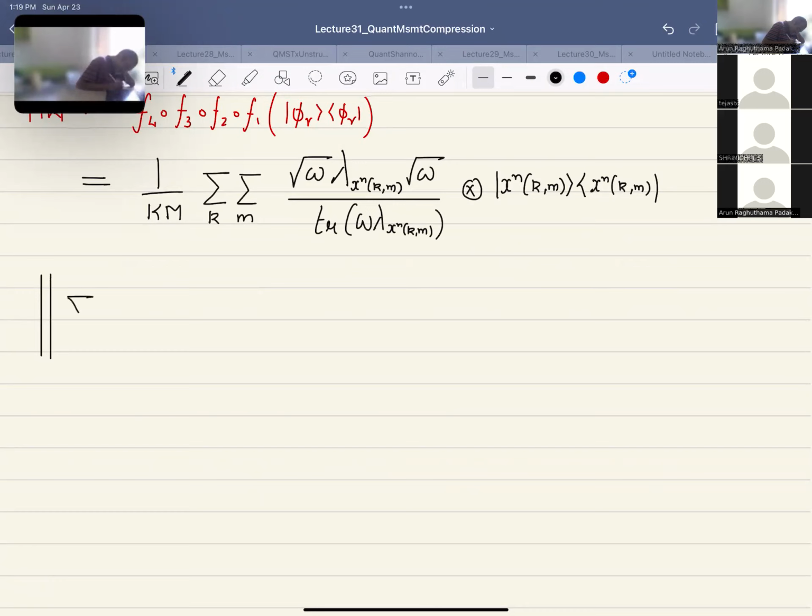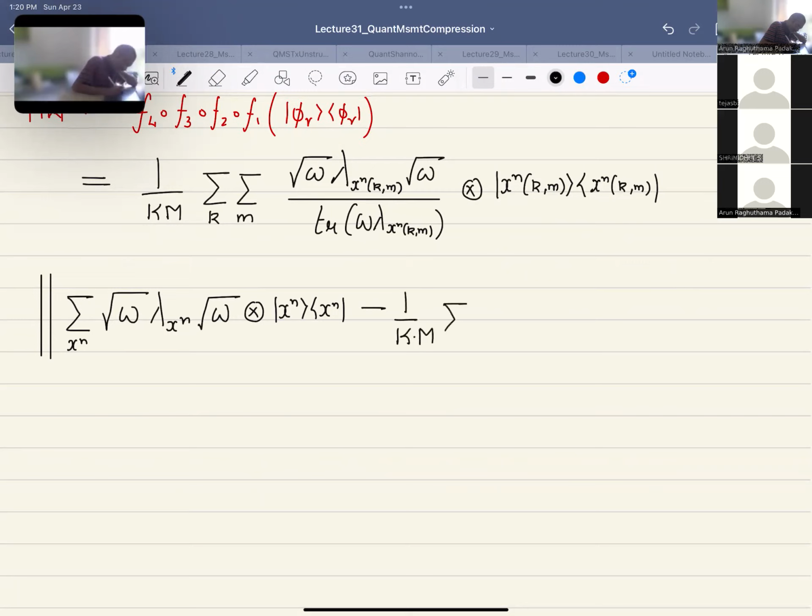The first term is the following: xn root omega lambda xn root omega tensored with xn, minus this term which I'm writing about, 1 by k times m, k m root omega lambda xn of k comma m root omega divided by trace omega lambda xn of k comma m, tensored with xn of k comma m.